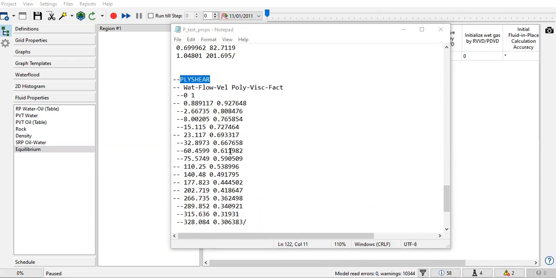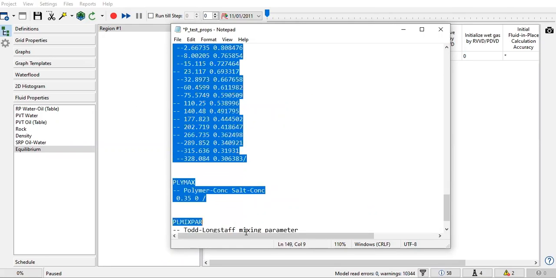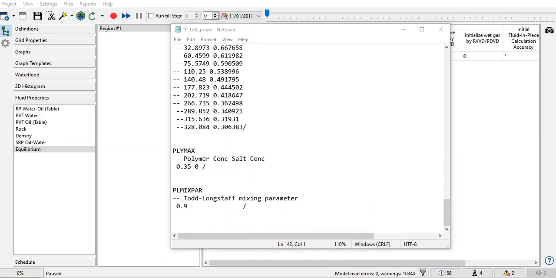This keyword actually specifies polymer shear thinning data. So if I may add here, specifies polymer shear thinning data. If you have it from your laboratory, we put it here. All right, and then we also have PLYMAX. So this is the polymer concentration, and then the salt concentration there.